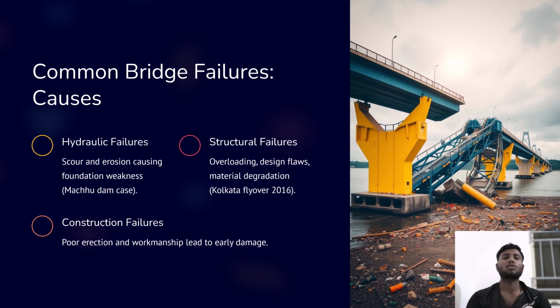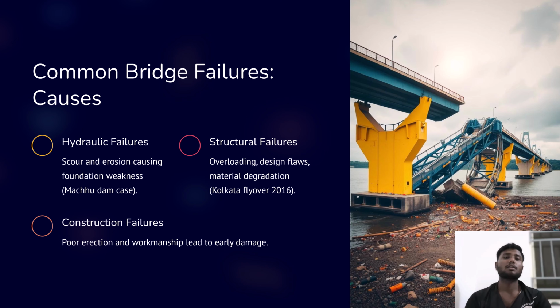Common bridge failure causes. So why do bridges fail? Hydraulic failure: scour and erosion cause foundation weakness, and because of the weakness of the foundation, bridges collapse. The Machu Dam case in our country is the best example of bridge failure.